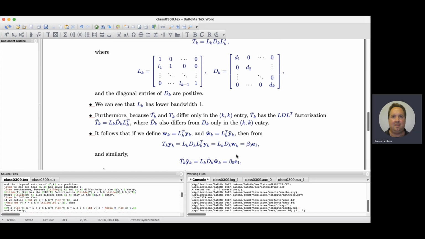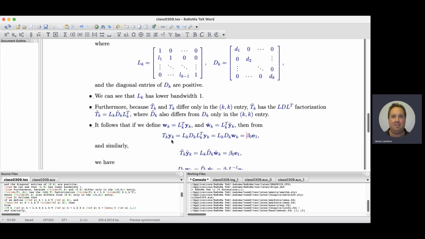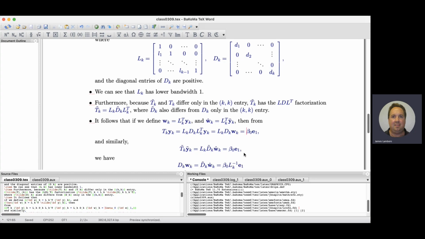And then similarly, TK tilde, YK tilde, because it has almost the same factorization, we just have DK tilde in place of DK, and then WK hat in place of WK. So we have YK tilde satisfying these very similar systems.